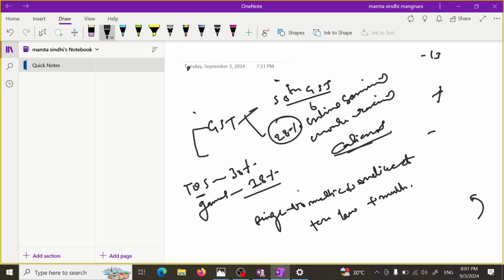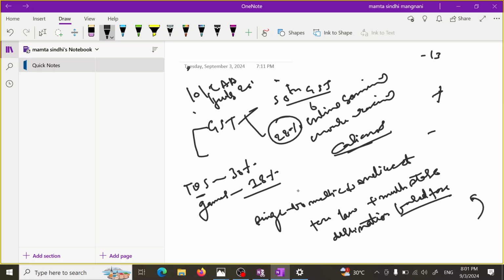Destination based tax. So single domestic indirect tax, multi-stage destination based tax. It came through the 101st Constitutional Amendment Act, and it started on 1 July 2017, and was first proposed by the Kelkar Task Force.